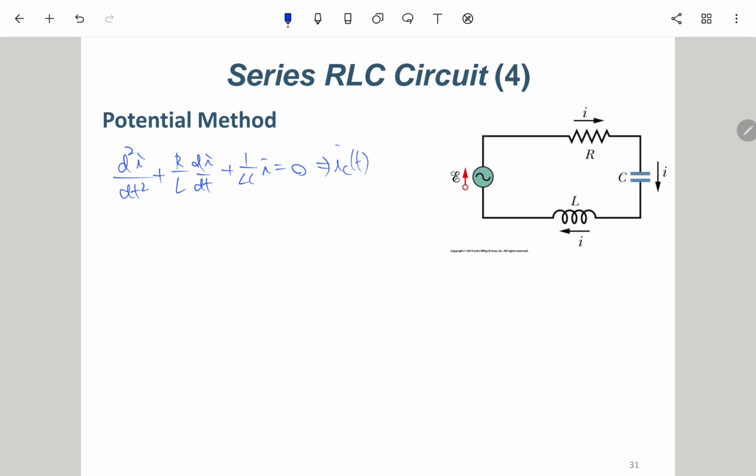This is the homogeneous solution, and we also assume that delta is smaller than 0, so that it turns out to be something like I_C exponential to negative R over 2L t, and then cosine of omega prime t plus phi.